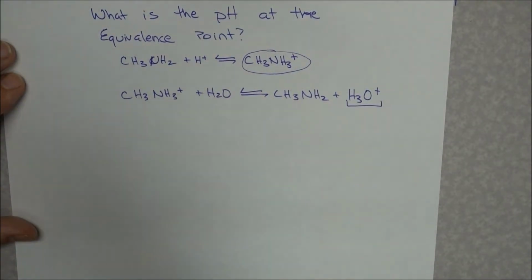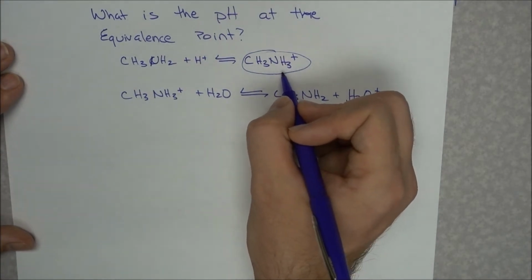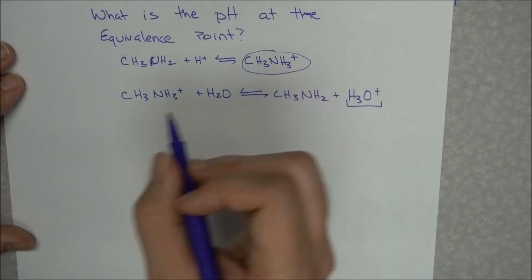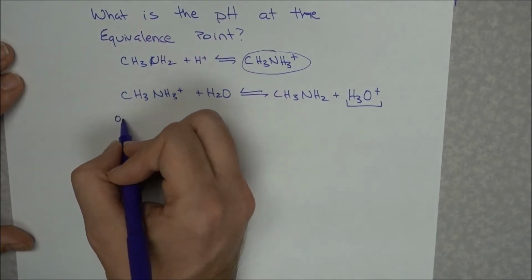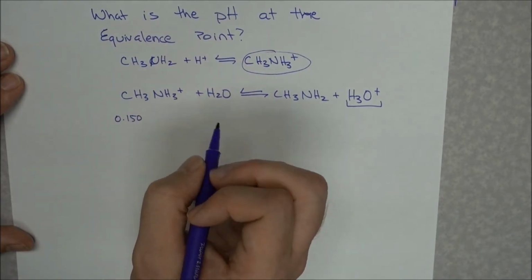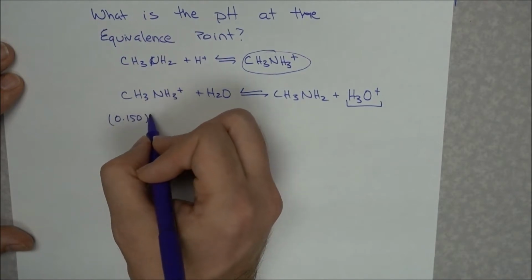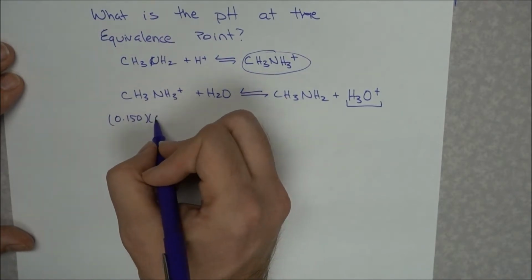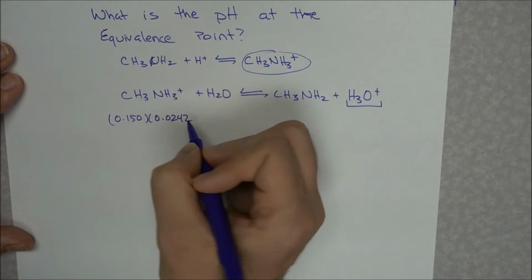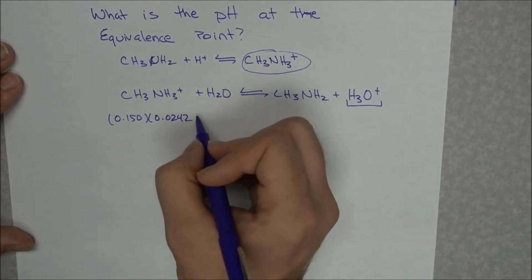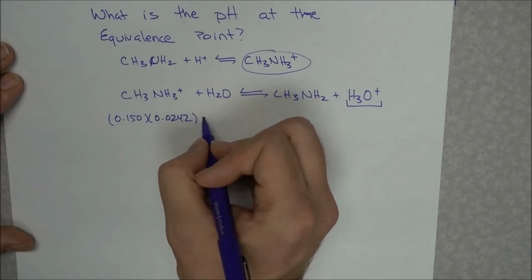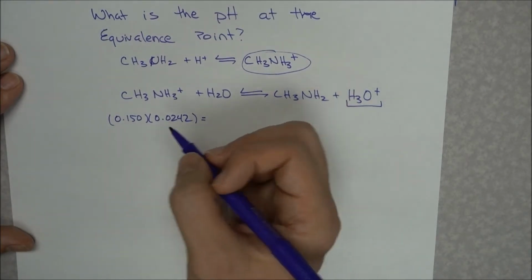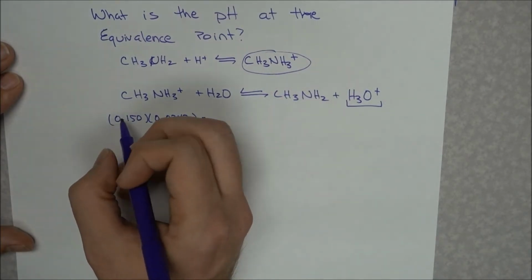So at the equivalence point, this is the only thing we have, and we got that by adding all of what we needed. And the moles that we used come from 0.150 molar, because that was our HBr, and we ended up adding 0.0242 liters of it. Okay, so that tells us the number of moles that we have. However, what we're really interested in is the concentration.